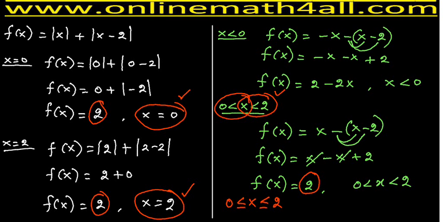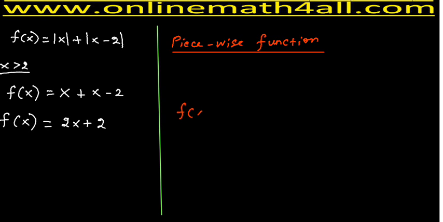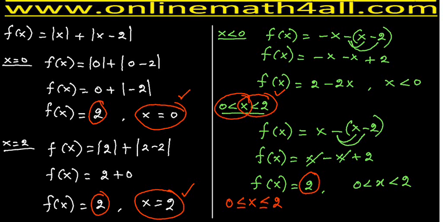Okay students, I'll just move to the next page. Now I am going to write the piecewise function. For the given absolute value function, f of x is equal to, I just forgot the result for x less than 0, we get 2 negative 2x.